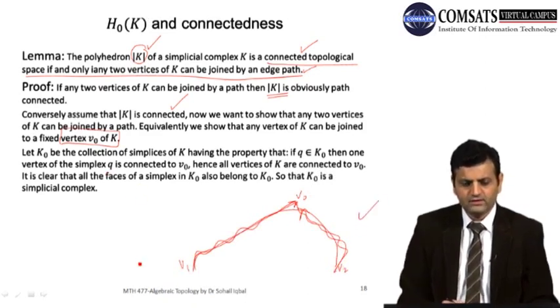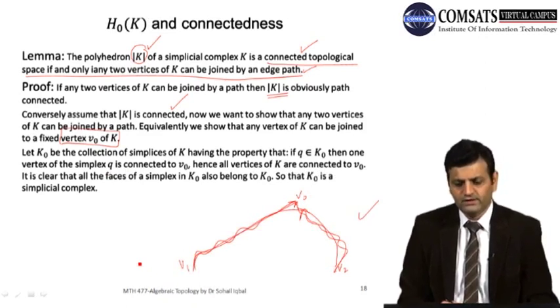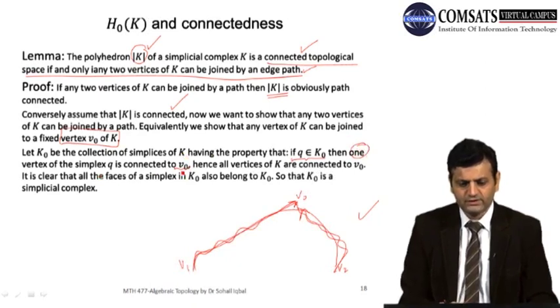So let K0 be a collection of simplices of K having the property that if Q belongs to K0, then one vertex of the simplex Q is connected to V0. So we have taken the collection of all simplices of K such that one of the vertices of that simplex is connected to V0.